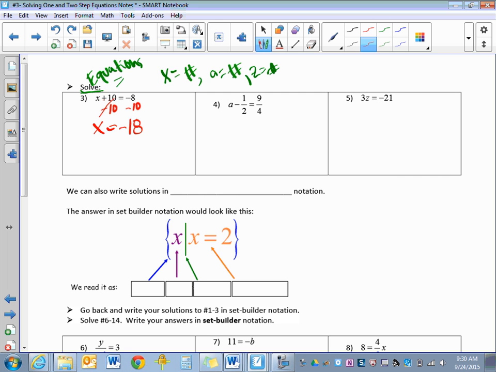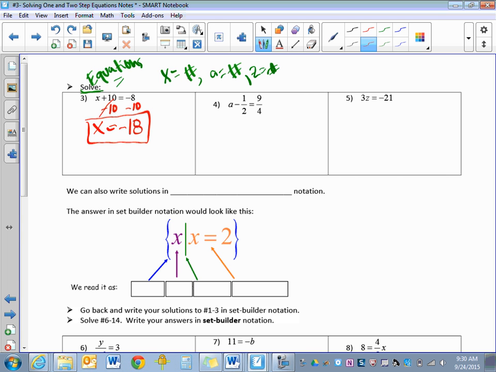My final answer should be just x equals. If there's still a number in front, then that means I need to do more. So I have just x equals. That is my final answer there. x equals negative 18. If I check my solution, if I take negative 18 and put it back in, negative 18 plus 10 is negative 8, and negative 8 is negative 8, so that works.